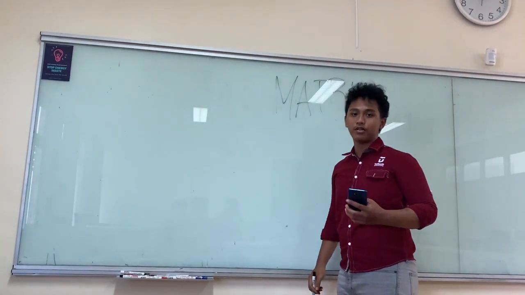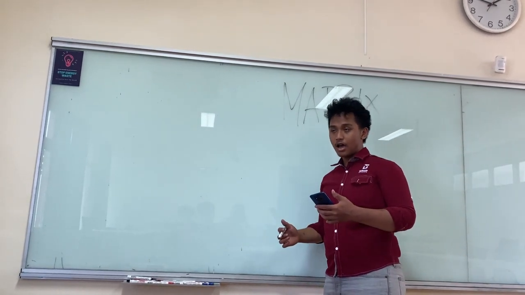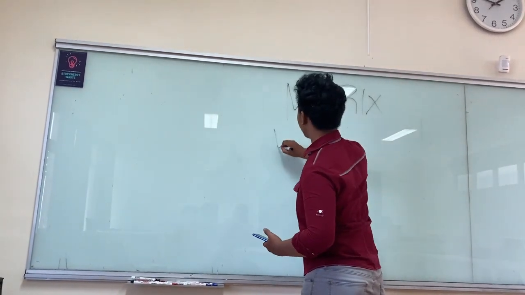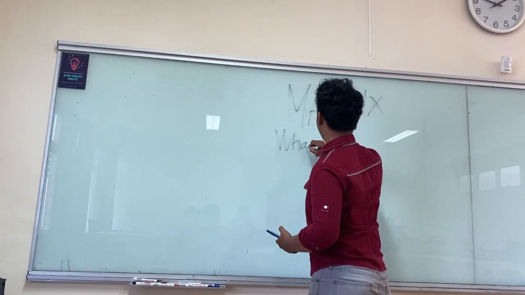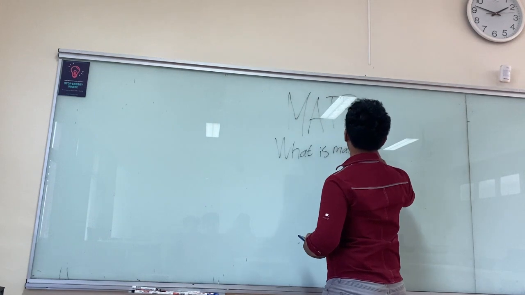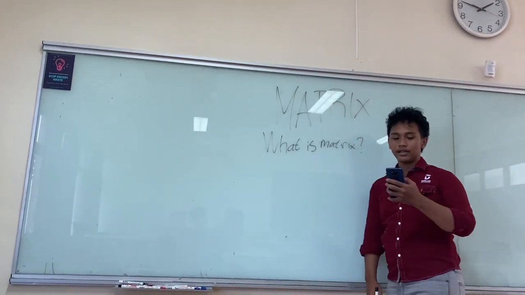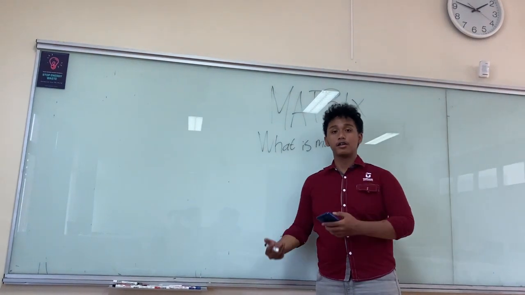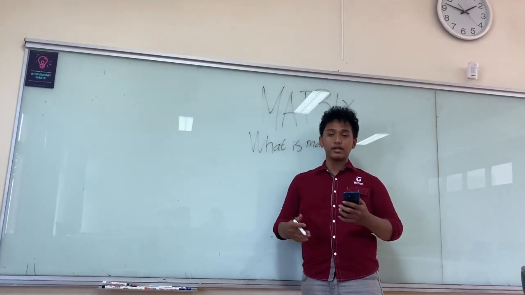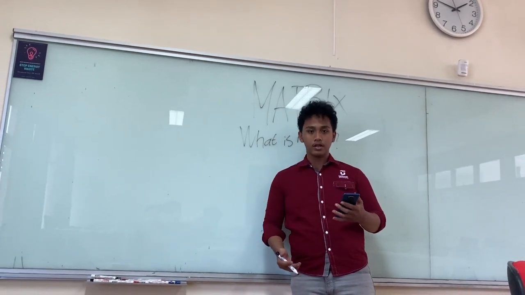Today I'm gonna explain to you all about matrix. First of all, before we get into the examples and others, I'm gonna explain what a matrix is. A matrix is a rectangular array of numbers, symbols, and expressions arranged in rows and columns.